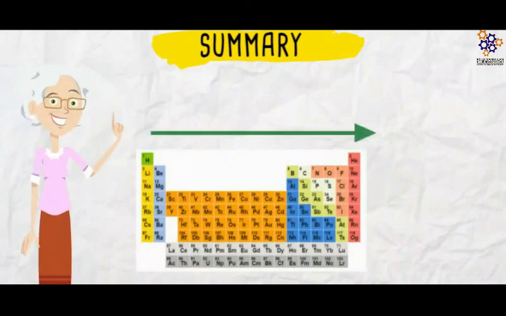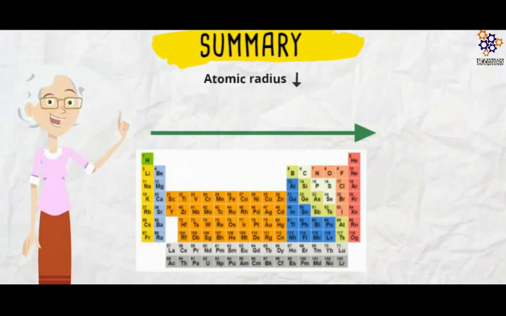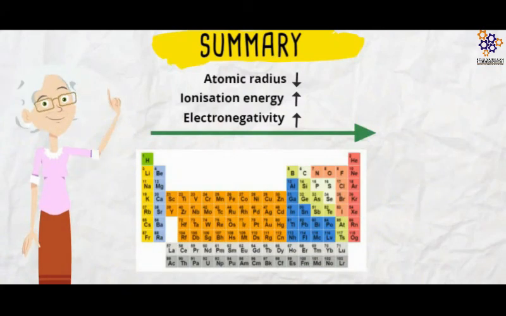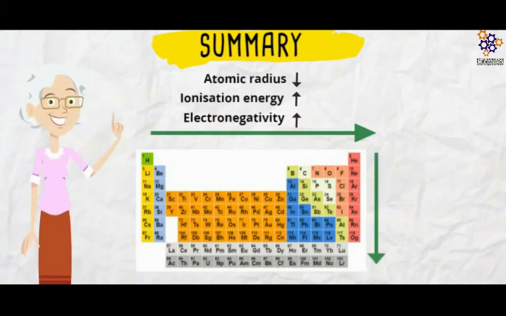Generally, across a period, atomic radius decreases, ionization energy increases, and electronegativity increases.